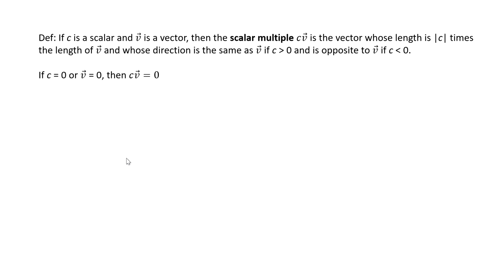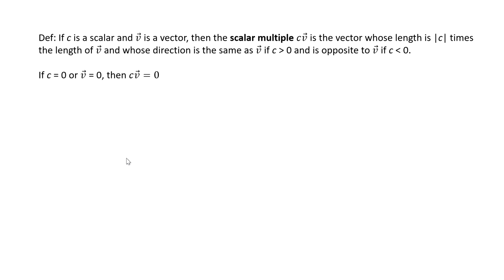A scalar could come from any field. But in our case, when we say scalar, we simply mean a real number. Okay? C is a scalar means C is a real number.